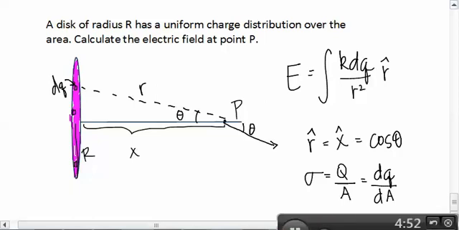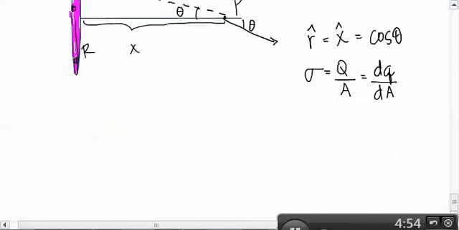Alright, so dA refers to a little bit of surface area of our disk, but we can actually come up with the area of the surface of the disk, dA, by looking at it as a bunch of rings stacked on top of themselves.